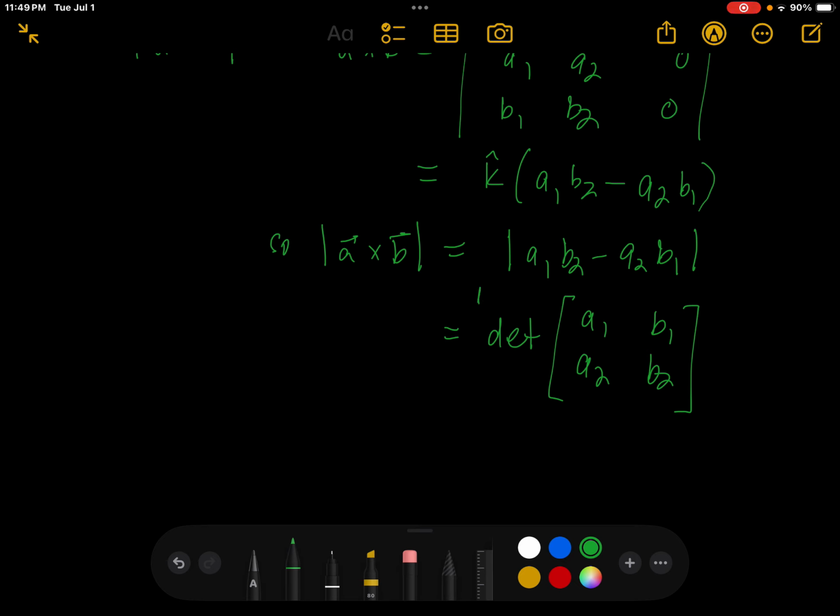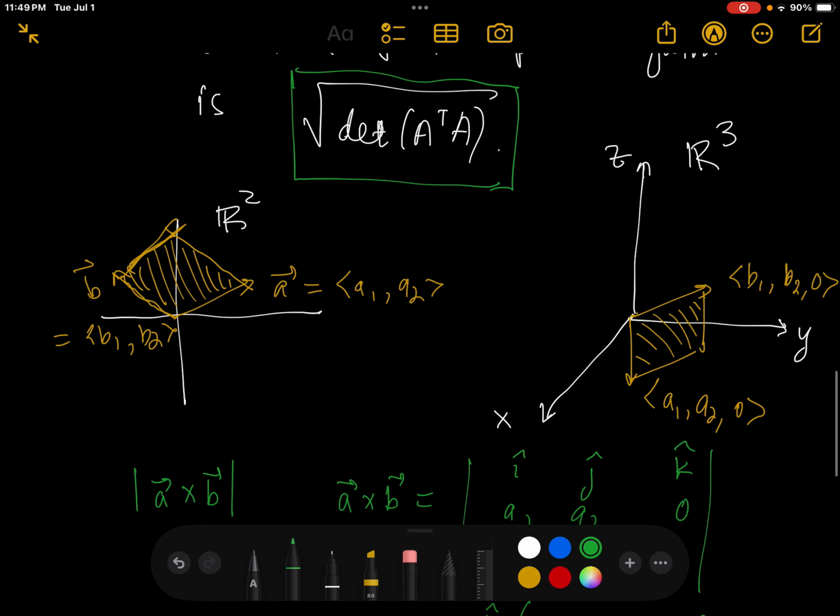Sorry, it should be the absolute value of the determinant, right? Because the determinant itself might be negative. Okay, so that's the area of the parallelogram in R2. It's the area of this parallelogram. So this has area the absolute value of A1 B2 minus A2 B1.